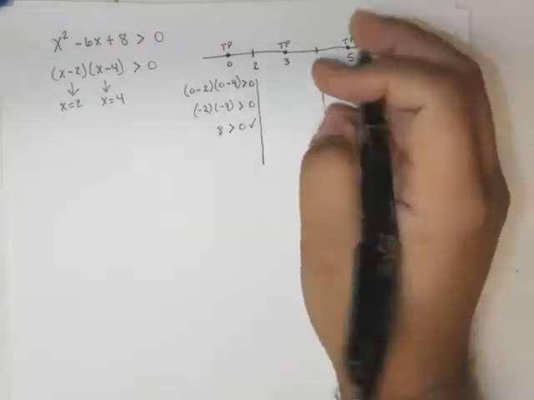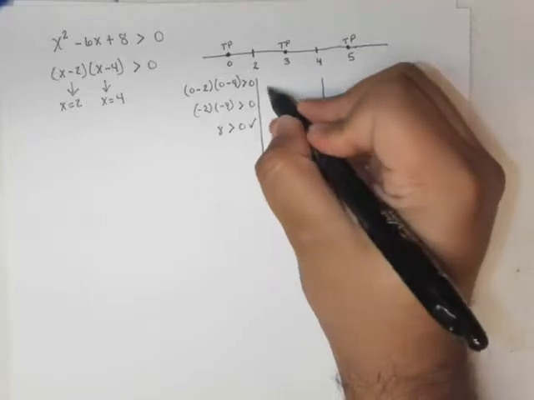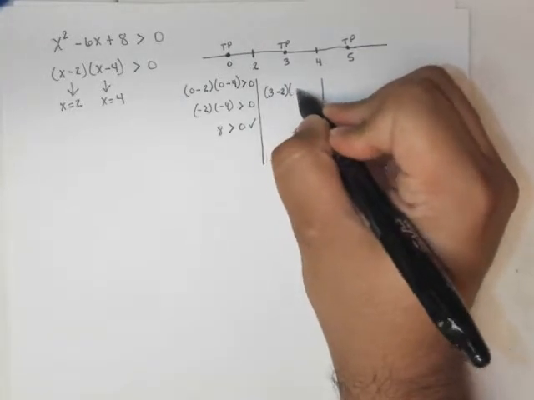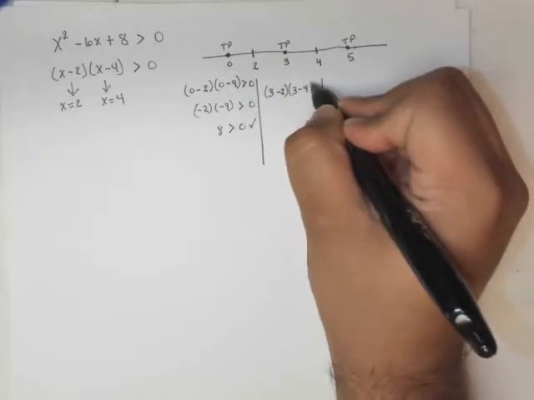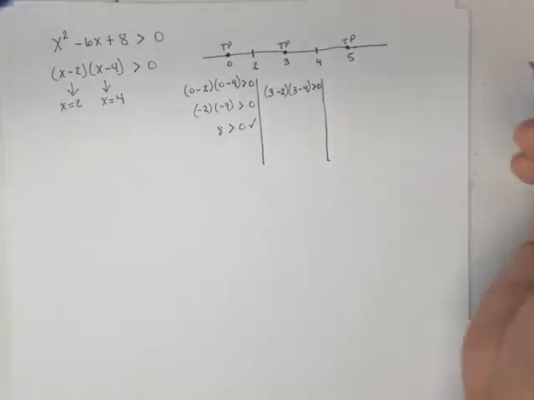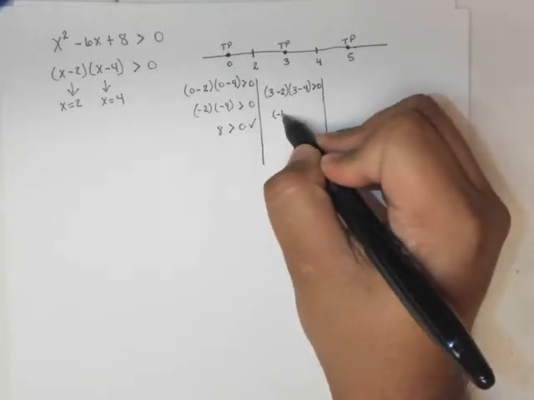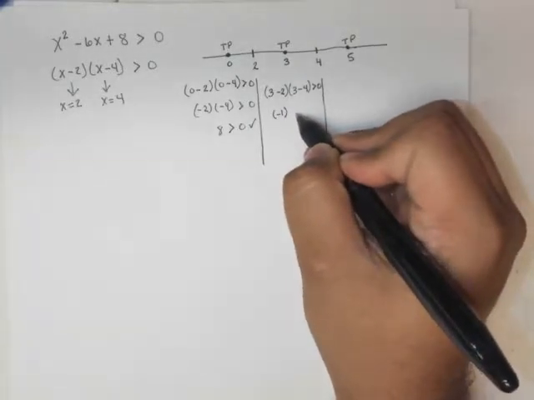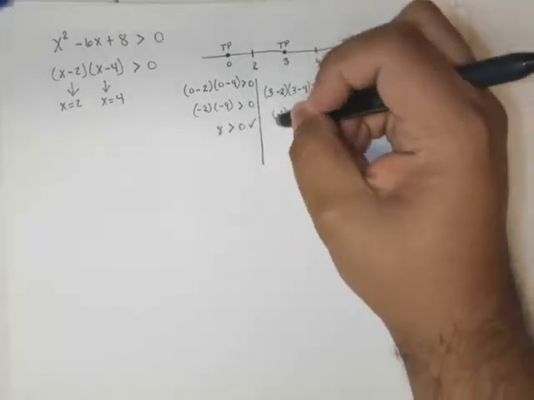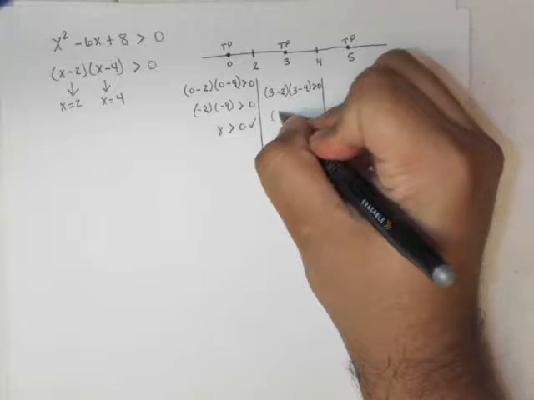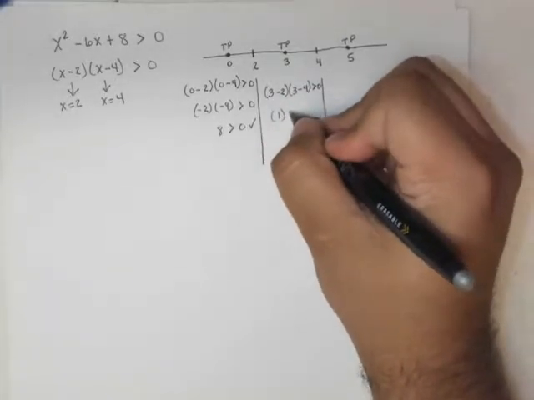Okay, now let's check the middle area. So here we have 3 minus 2 times 3 minus 4, and we are checking if this is greater than 0. Okay, so let's see. 3 minus 2 is negative 1. I'm sorry, 3 minus 2 is not negative 1. It's positive 1. What was I thinking? Okay, so here it is. It's 1. And 3 minus 4 is negative 1.